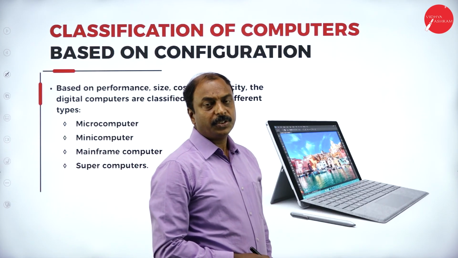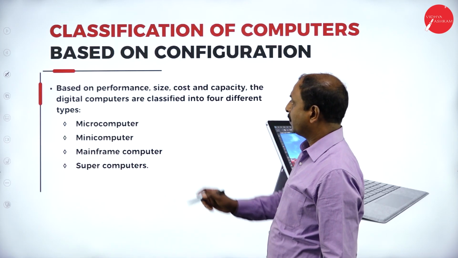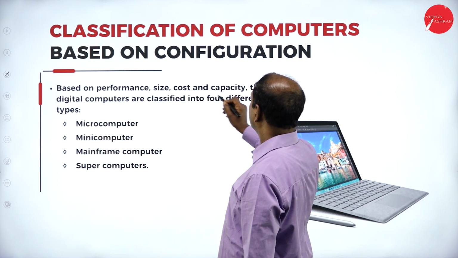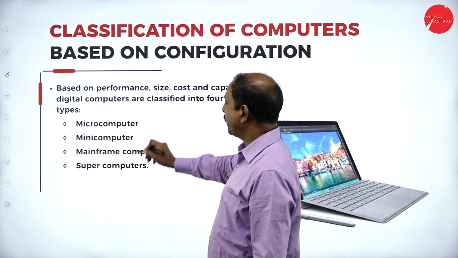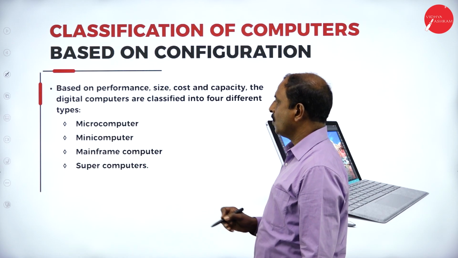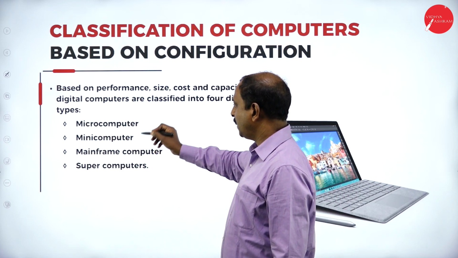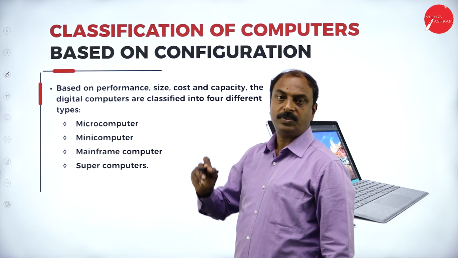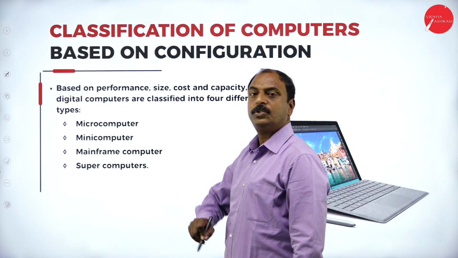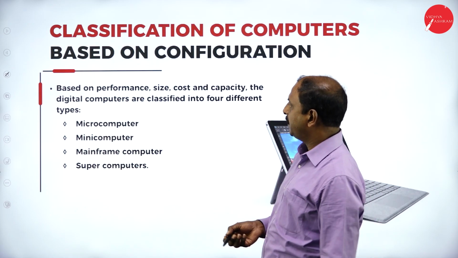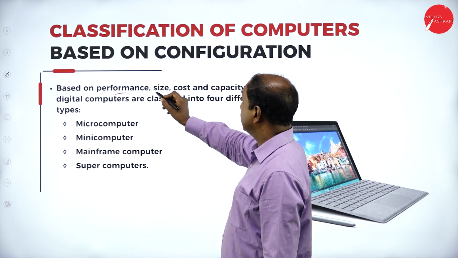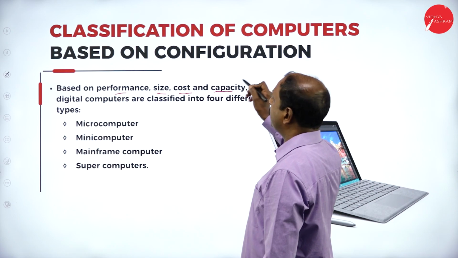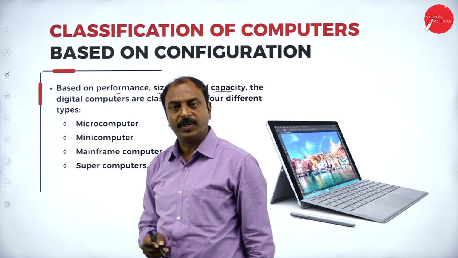Based on the configuration or performance, size, cost, capacity, we have the following types of computer system: microcomputers, mini computers, mainframe computers, and supercomputers. These are the four types of classification based on performance, size, cost and capacity. That is nothing but configuration.